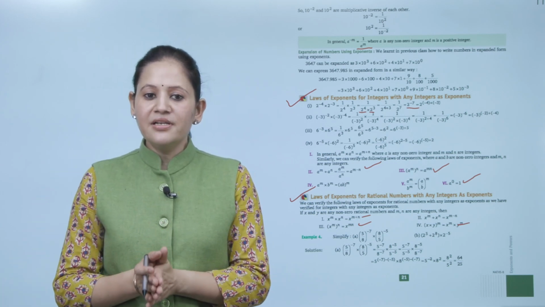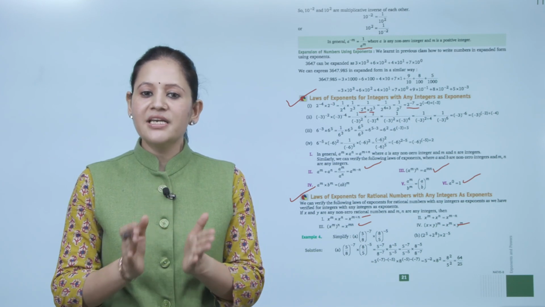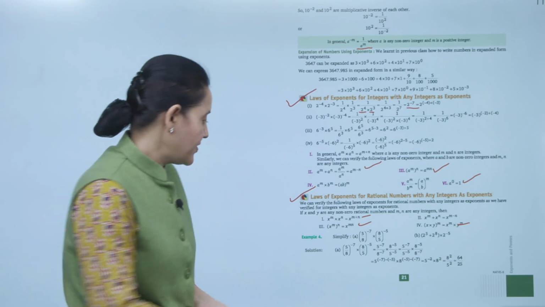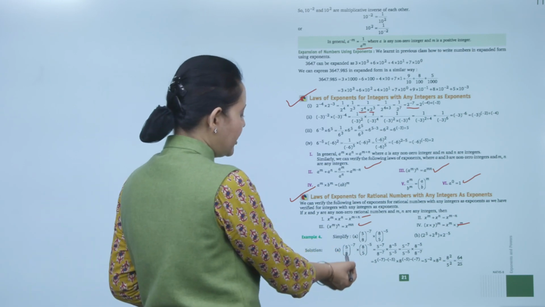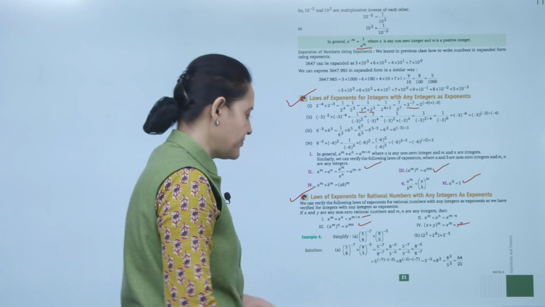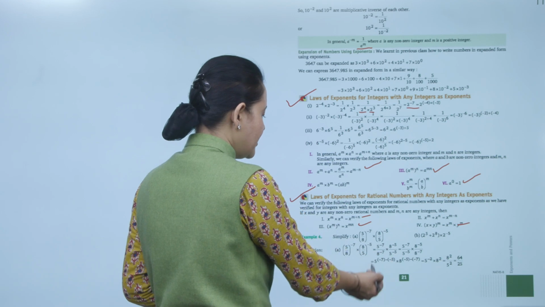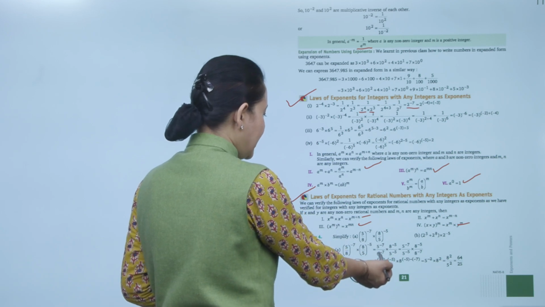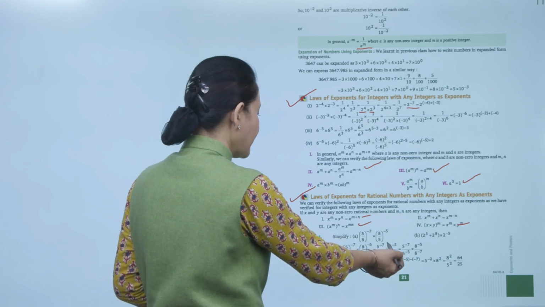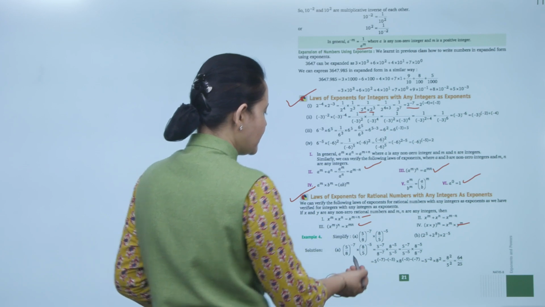Now, we will take an example. Simplify 5 upon 8 to the power minus 7 multiplied by 8 upon 5 to the power minus 5. So, we can write it like this. 5 to the power minus 7 upon 8 to the power minus 7, again 8 to the power minus 5 upon 5 to the power minus 5.